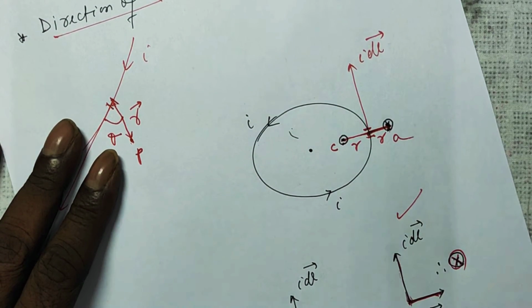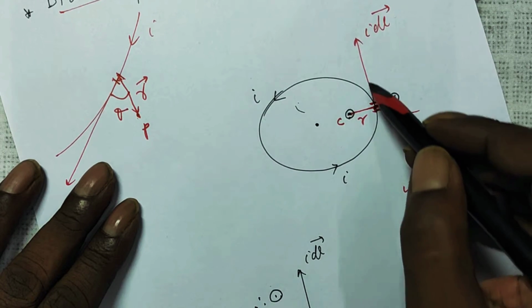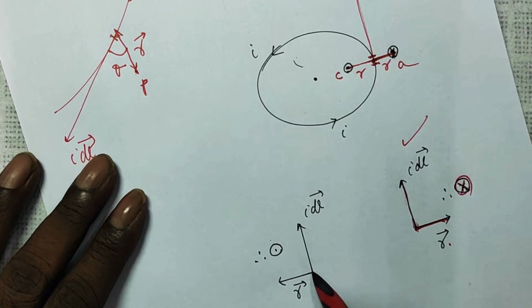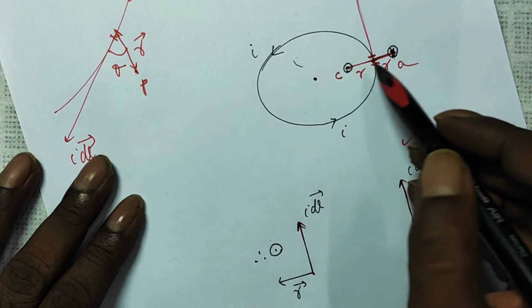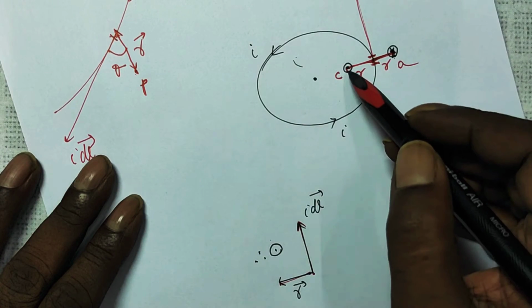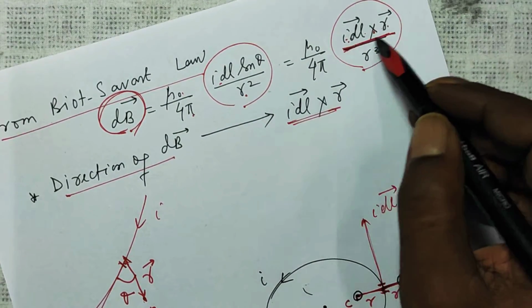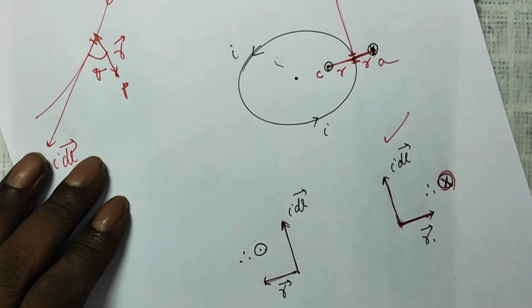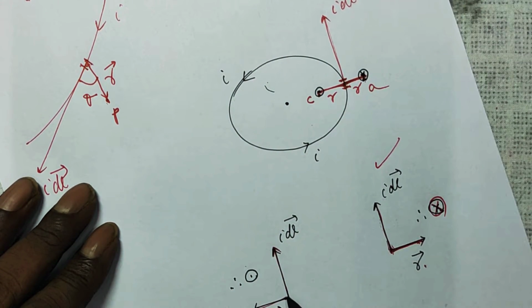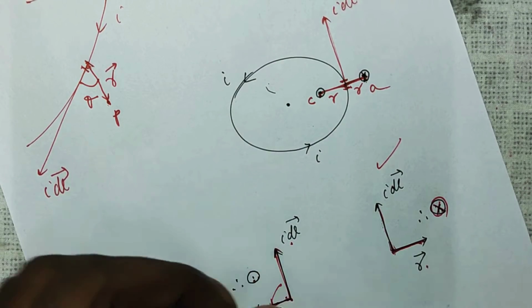Similarly, this point I have shown here. For this point, I have considered Idl here. Idl is to this side. For this point, r is to this side. So for this point, the direction of Idl cross r will give you the direction of the magnetic field. If you keep a screw here and rotate Idl towards r, here the screw will come out.